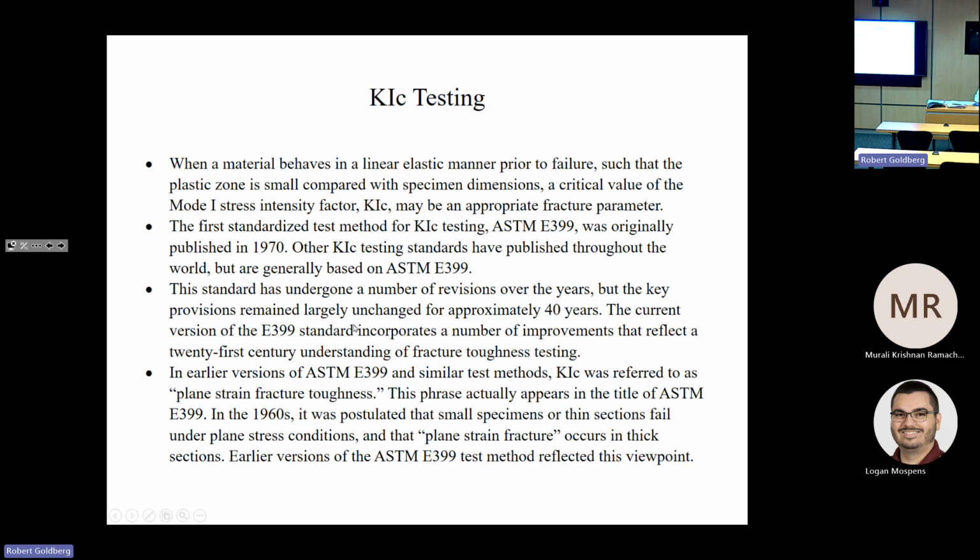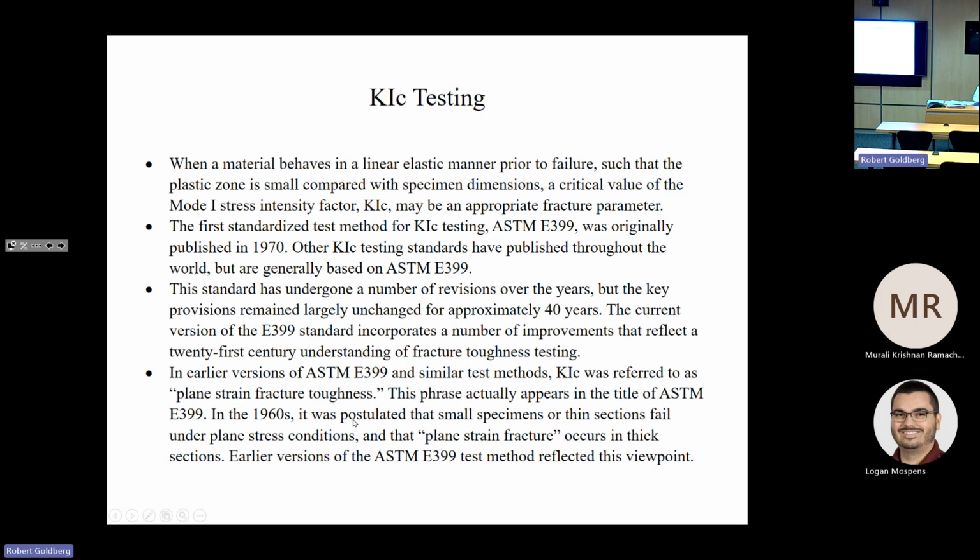So the current version of E399 incorporates a number of improvements that reflect a 21st century understanding of fracture toughness testing. For example, and remember this is one of the pet peeves of the author of our book, we talked about this before, in earlier versions of the standard, K1C was referred to as plane strain fracture toughness, and the phrase actually appeared in the title of the standard.